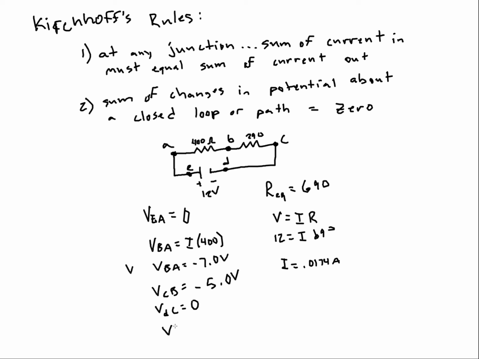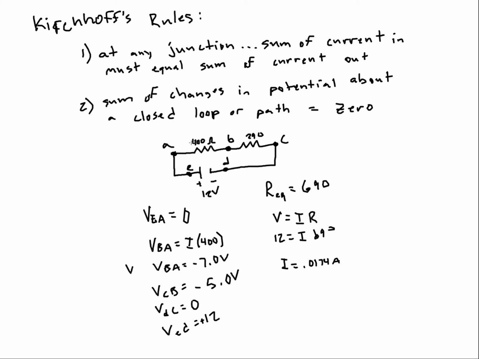Well, if you look at V and then E to D, that gives me plus 12. So basically, the point I want to stress is A to B, B to C need to add up to my total voltage, which is 12. Or A to B, B to C, that gives me negative 5, negative 7. E to D gives me positive 12.